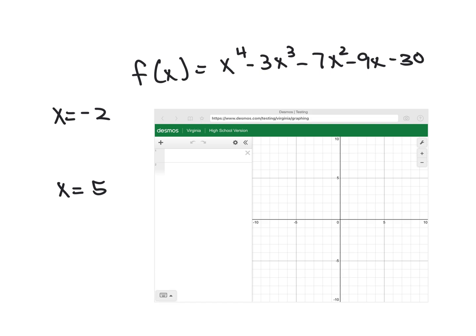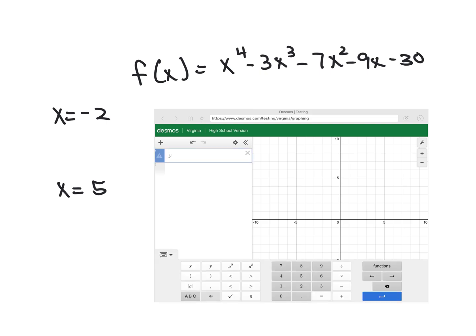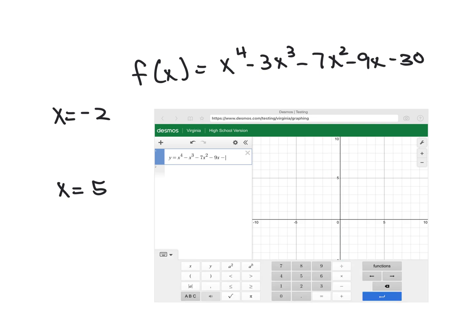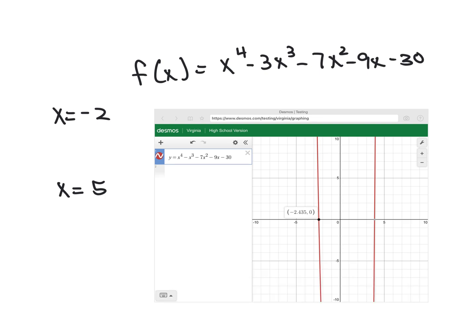And when I type this in, it's going to be y is equal to x to the fourth power minus 3x to the third power minus 7x squared minus 9x minus 30. And let me go back up here and put in 30.